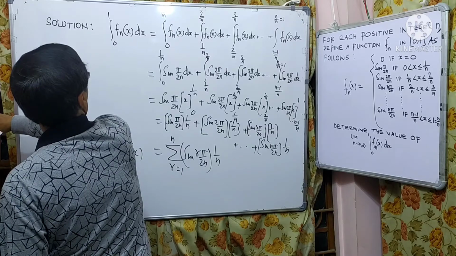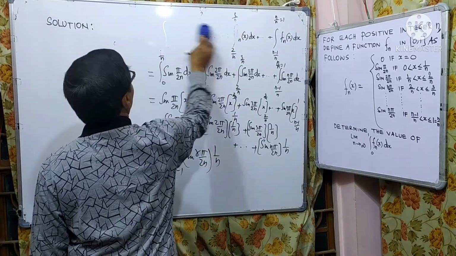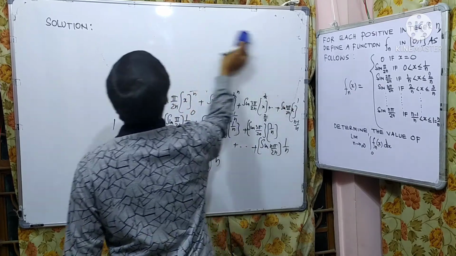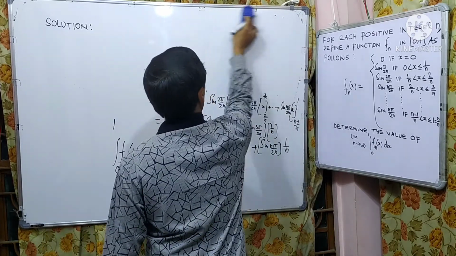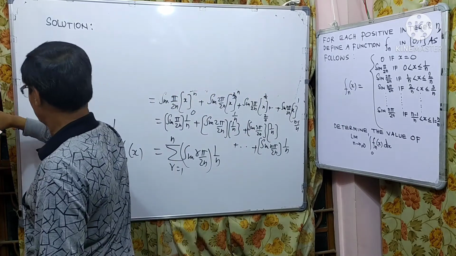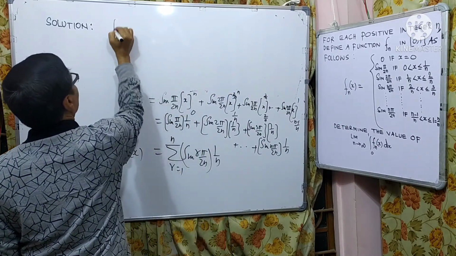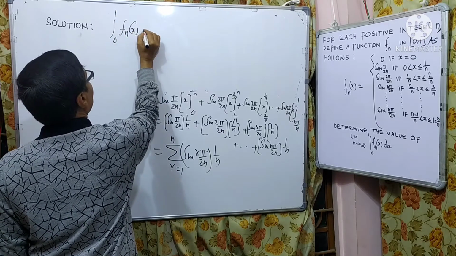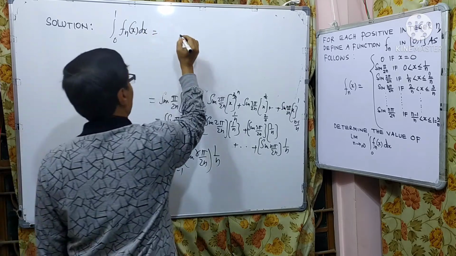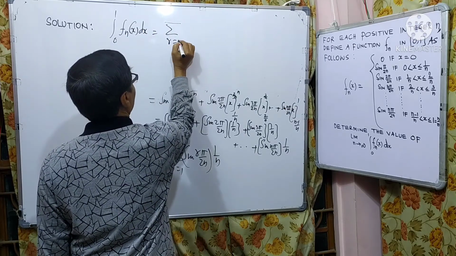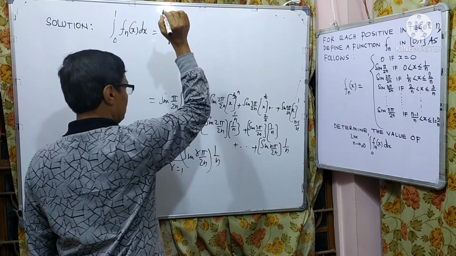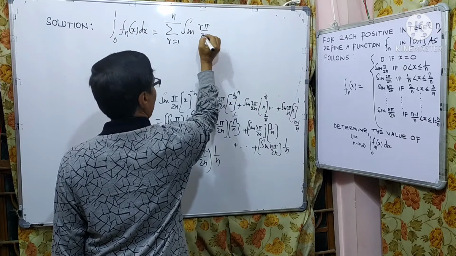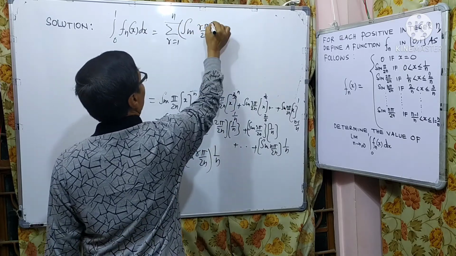Now we have got the integral from 0 to 1 equal to the summation, r equal to 1 to n, of sin r pi over 2n into 1 over n.